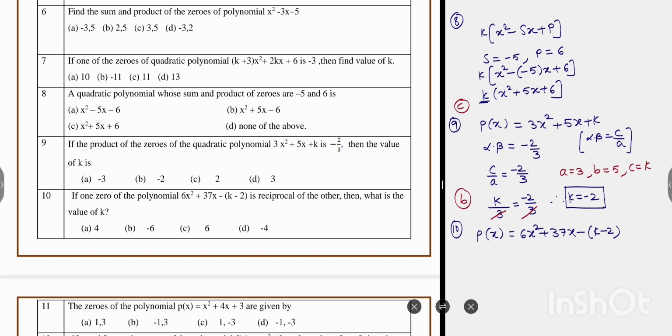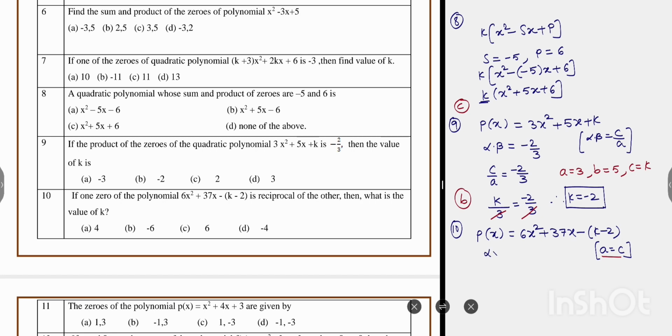One zero is the reciprocal of the other. You have to remember, whenever it is given one zero is reciprocal of the other, remember A is equal to C for quick calculation. In any quadratic polynomial ax square plus bx plus c, if one zero is the reciprocal of the other, this will be satisfied. A is equal to C.